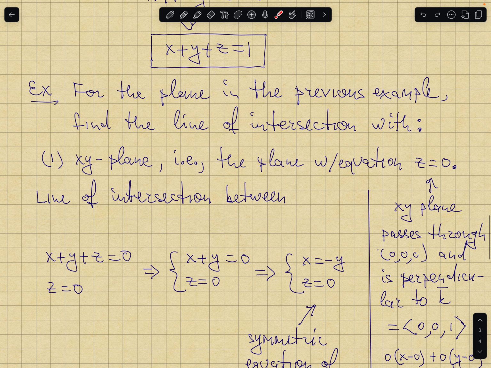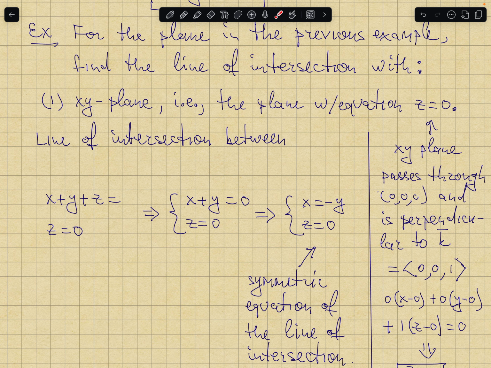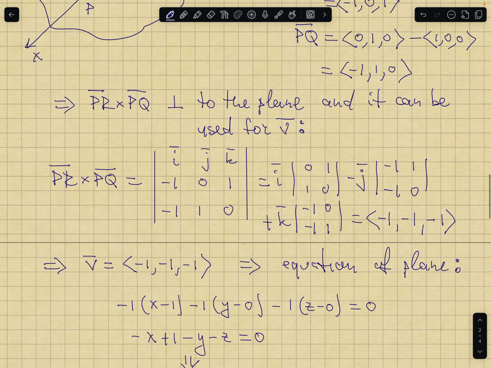And what is fishy is that I used the wrong equation. Right, the equation was x plus y plus z equal to 1. So this should be equal to 1. And so therefore x plus y is equal to 1, and therefore I can write this as x equal to 1 minus y.